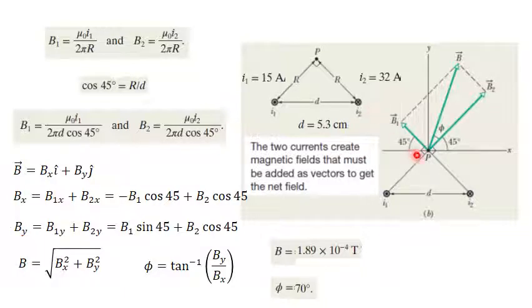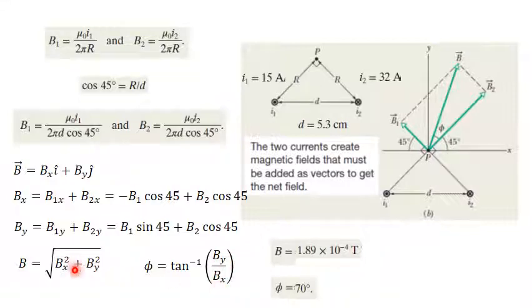The total value of the magnetic field as a magnitude is the square root of Bx squared plus By squared. And the angle from the X-axis to the direction of B is tan minus 1 of By over Bx.